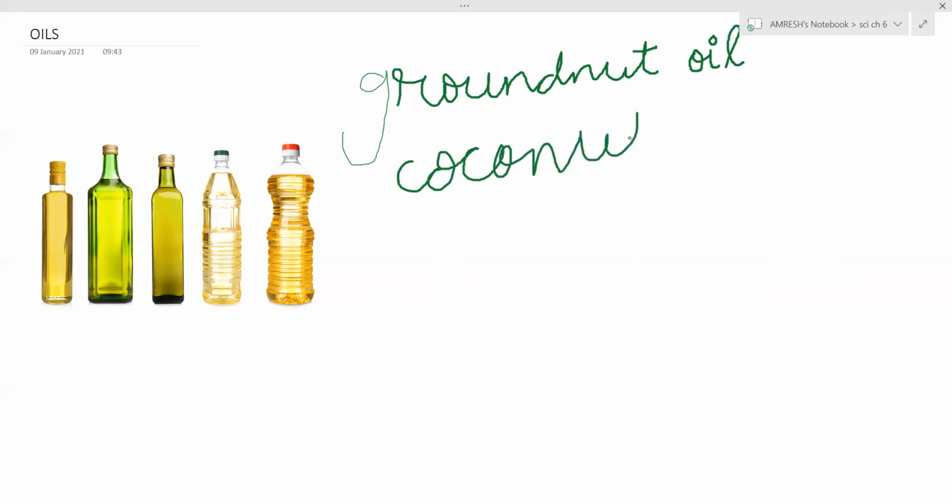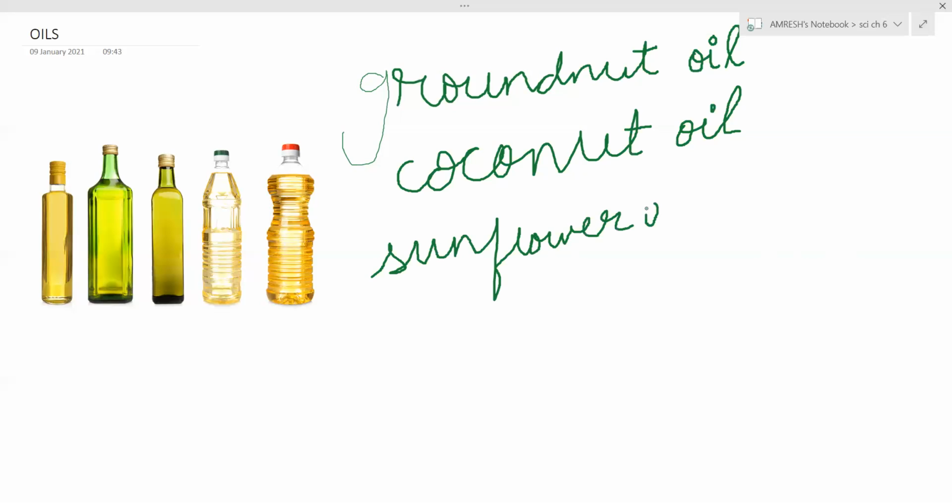Coconut oil we get from coconut. So this part is totally basic. You have to remember all the things. Nothing is there to understand. Just write and remember. Sunflower oil. And mustard oil.